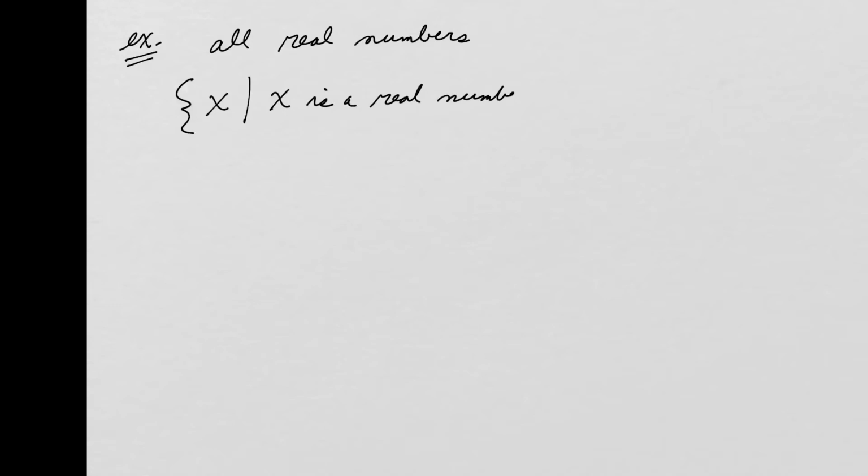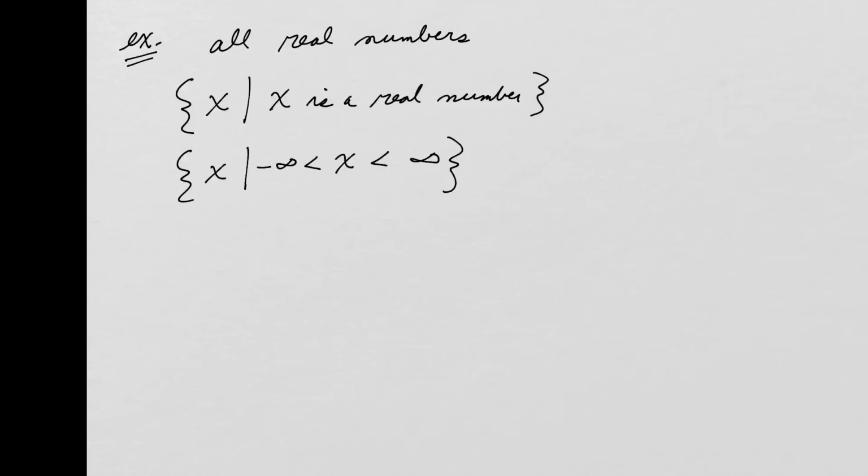And that's enough to tell me it's all real numbers. Or I could write like this. I could say it's a set of all x such that x is greater than negative infinity and less than infinity. Okay, and again, we don't ever use equals there because infinity is not a real number. It just says it's growing without bound, either very, very large or very, very small.